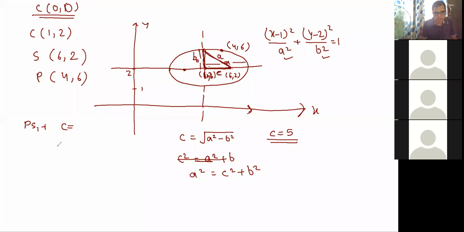So another focal property, ये focus क्या हो जाएगा, -4,2, क्योंकि ये भी यहाँ से 5 यूनिट की डिस्टेंस पे होगा, तो 1 से 5 यूनिट यानी -4 पॉइंट आ गया, -4,2. तो अब ये पॉइंट तुमको दिया हुआ है P, तो ये डिस्टेंस प्लस ये डिस्टेंस PS1 प्लस PS2, this is equal to 2a.